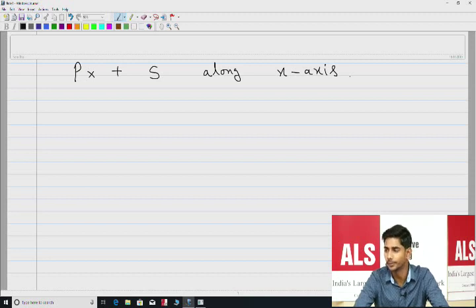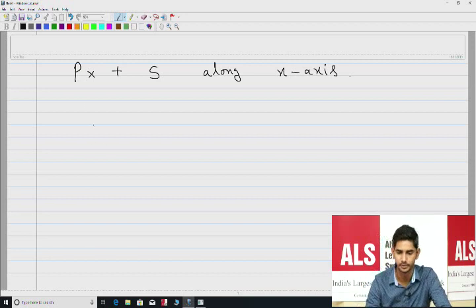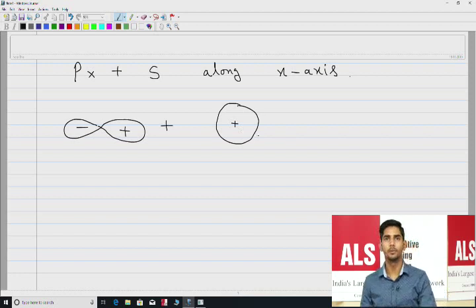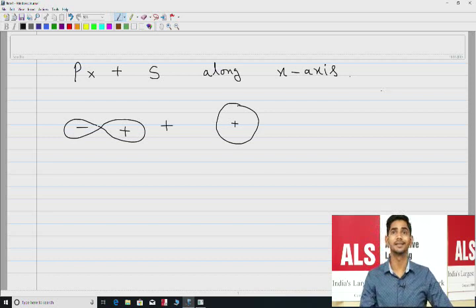Okay, let's check out. This is your Px, positive, negative, and this is S. So if I talk about this one, so guys, this results into positive overlap as well as negative overlap. Okay. Why? Because if I overlap in this manner, then obviously this one results into the positive overlap.